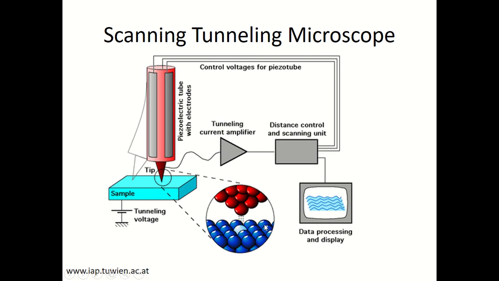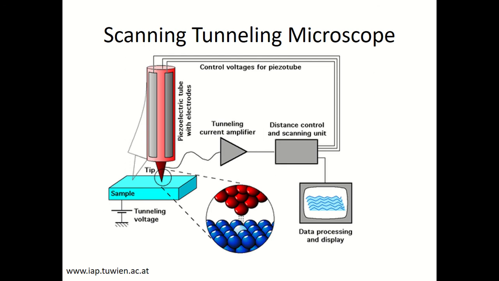STM also has the ability of molecular manipulation, as we have seen in one video in the production of nanomaterials video, that is positional assembly. Therein we have seen how the STM tip is used to change the position of atoms and molecules.